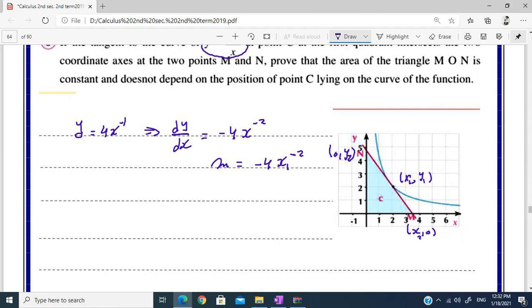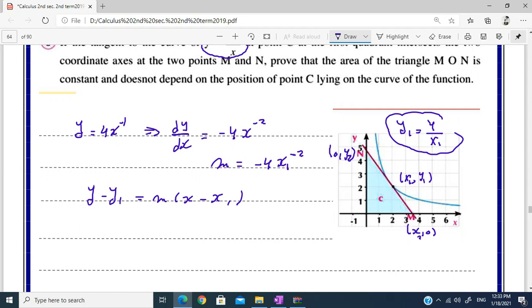So the equation of the tangent is y minus y1 equals m times x minus x1. The point (x1, y1) lies on the curve, so y1 equals 4 over x1. This is the value of y1.